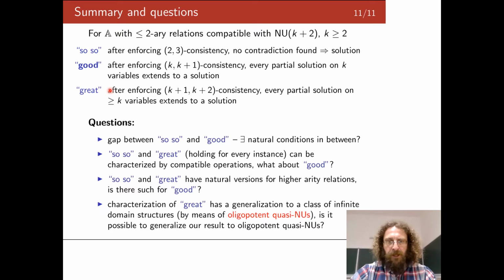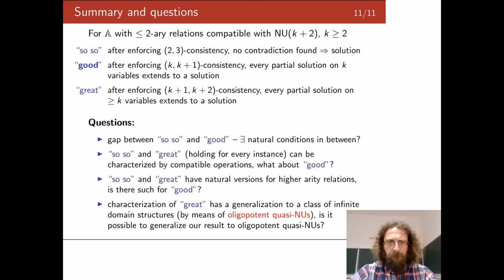We do not have such a characterization for sensitivity. The third question, again, the first and the third item have natural versions for relations of higher arity. And again, we do not have such a version for sensitivity.